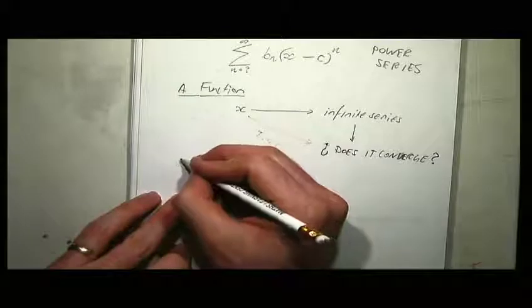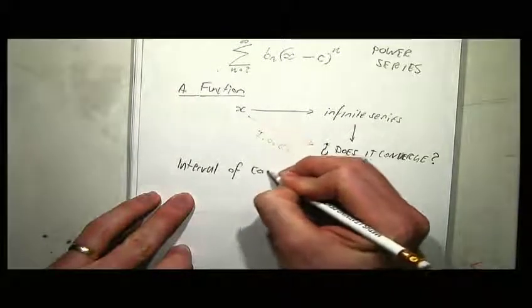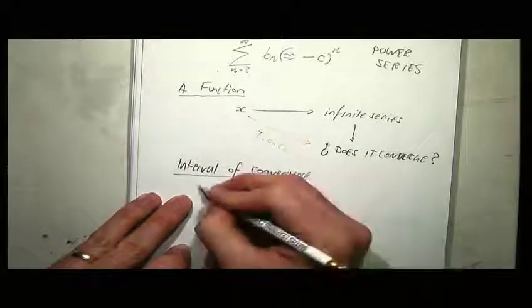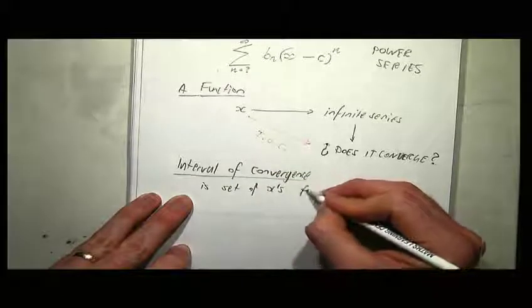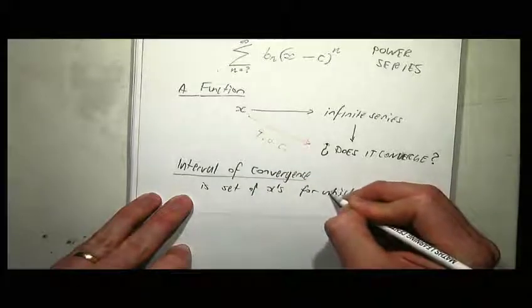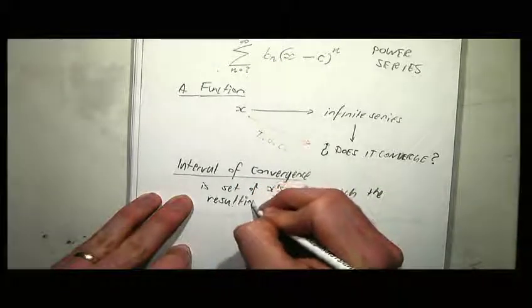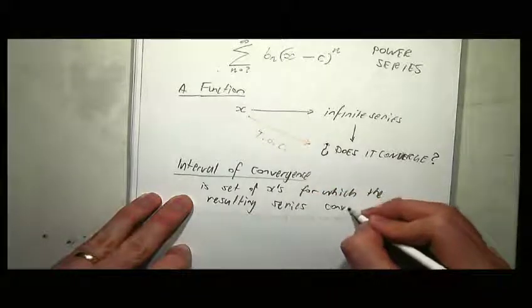Okay, so the interval of convergence is the set of x's for which the resulting series converges.